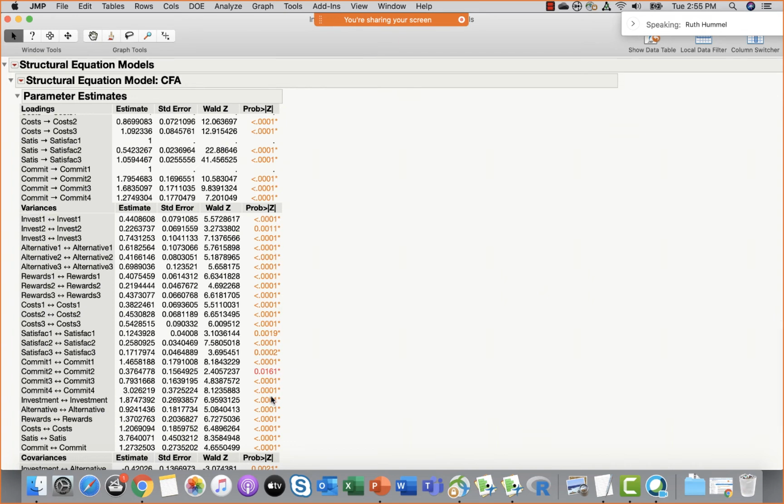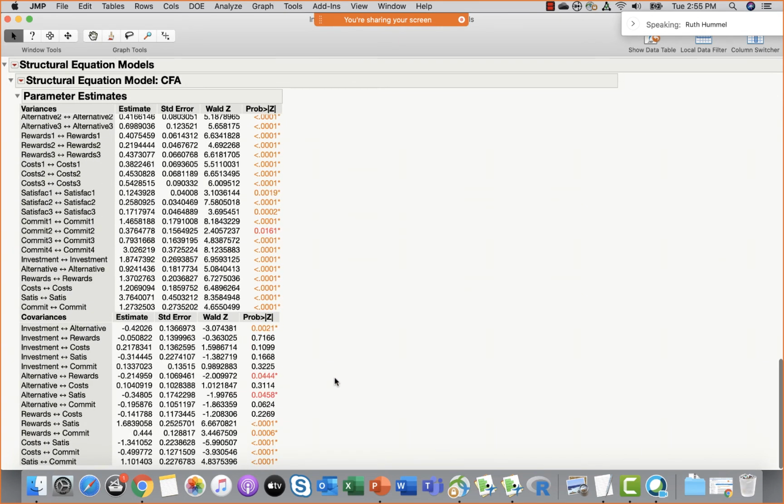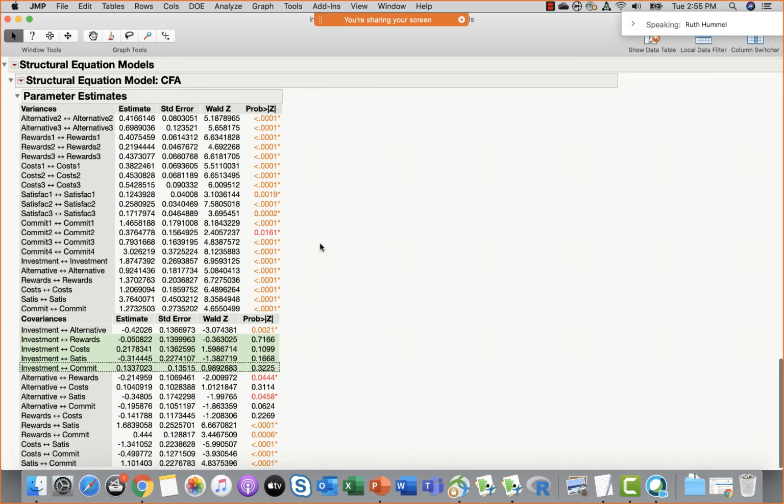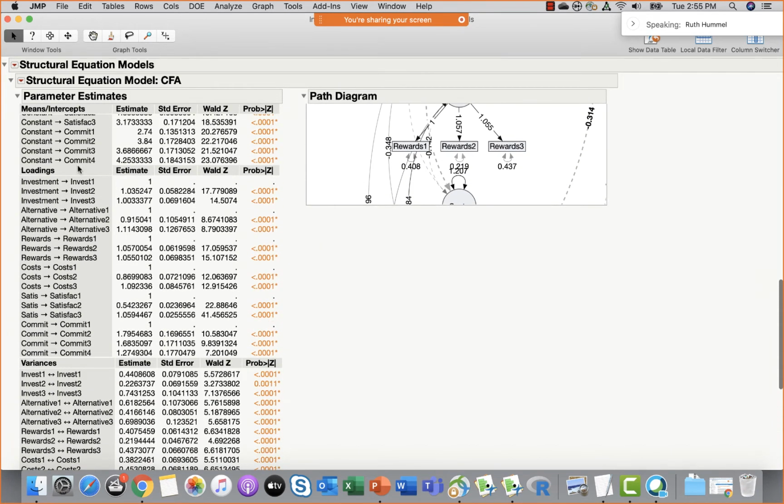Everything is statistically significant here for the variances. And down here with the covariances, some of them are not statistically significant, but we need to include them in the model. We're not so concerned about them being true. So what we're really interested in here for a measurement model is this section with the loadings. And we've got all significant loadings, so none of our questions seem like they aren't fitting well.